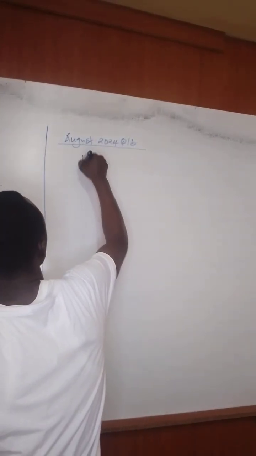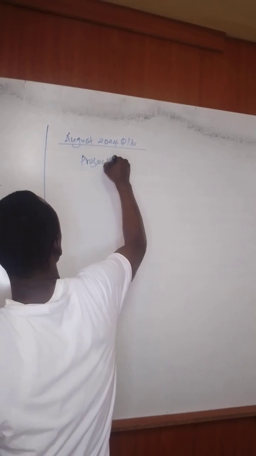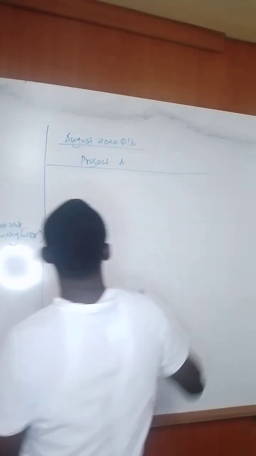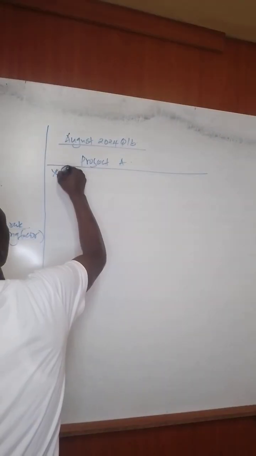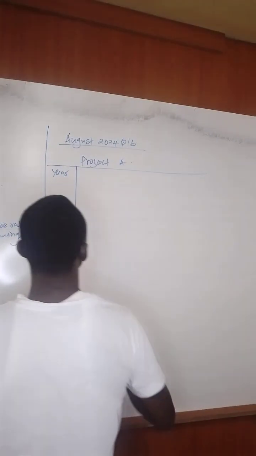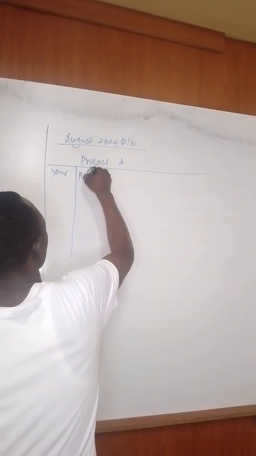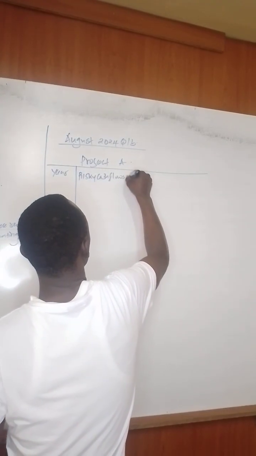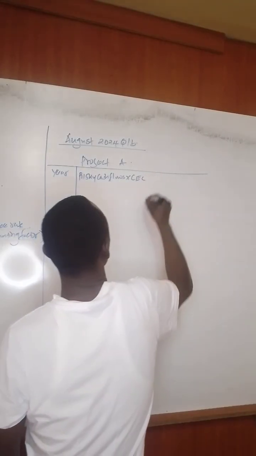So we have the two projects, and let us compute the NPV for Project A. We have the years, and from there we need the riskless cash flows, where we take the risky cash flows and multiply by the certainty equivalent coefficient.